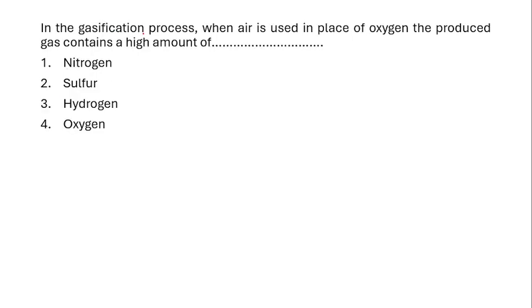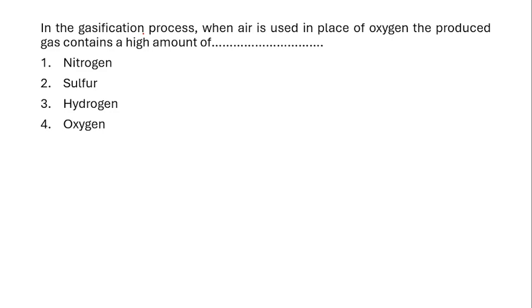In the gasification process, when air is used in place of oxygen, the produced gas contains a high amount of what: nitrogen, sulfur, hydrogen, or oxygen? It's very simple. If you use pure oxygen, the product will be carbon dioxide, hydrogen, carbon monoxide, and also methane.